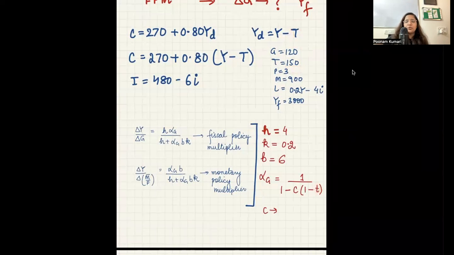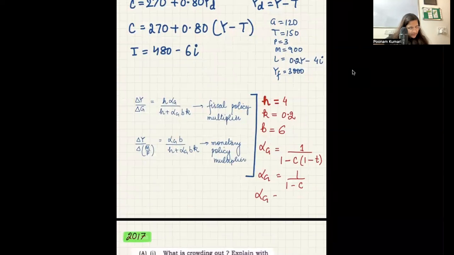Okay, so this is lump sum tax, so it's not a proportional tax rate, so this value is going to be 0. So your alpha g value is actually going to be 1 over 1 minus c only. ठीक है, तो ये value क्या आ जाएगी, आपकी c value यहाँ पे 0.8 है, whichever is the coefficient of Yd. ठीक है, so alpha g basically becomes 1 over 1 minus 0.8. So this is 1 over 0.2, and when you divide, that becomes 5.